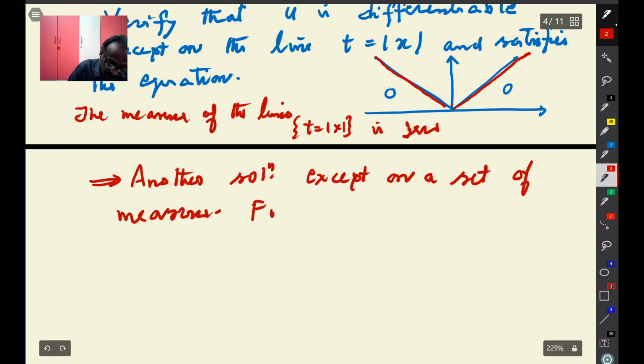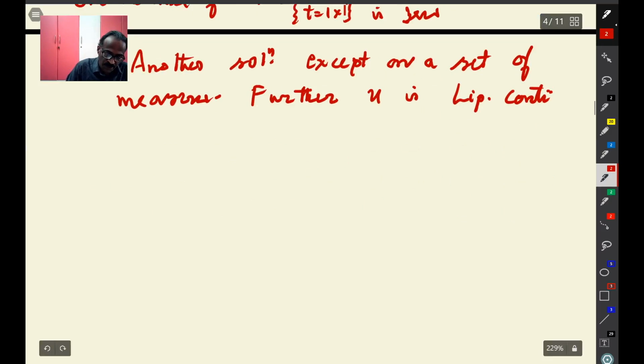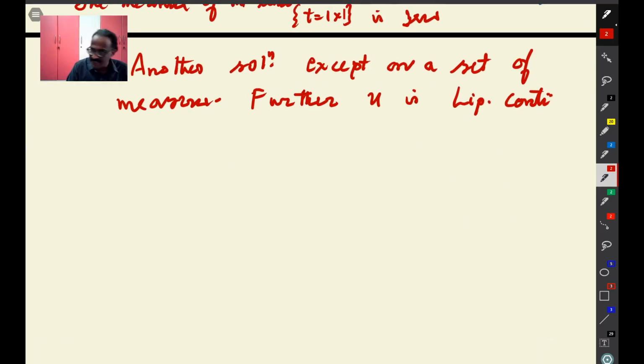Further, u is Lipschitz continuous. In fact, one will be able to produce many solutions later, not just one solution. We will see such an existence of many solutions actually later. And this is a completely different solution from the trivial solution u equal to 0.